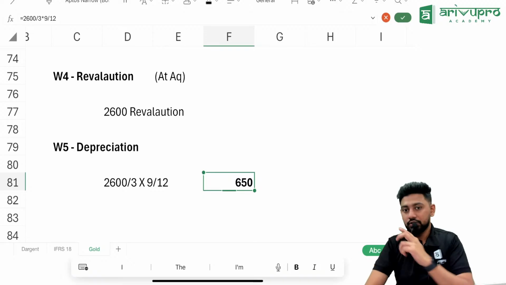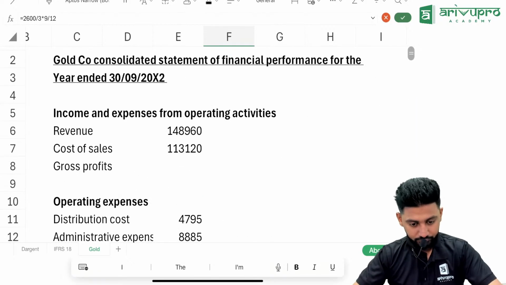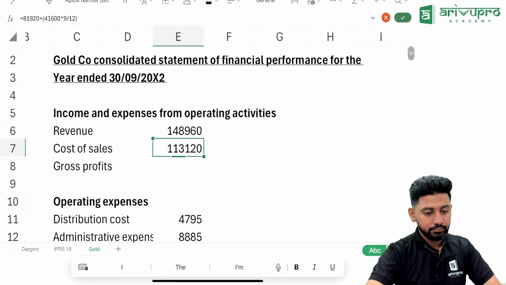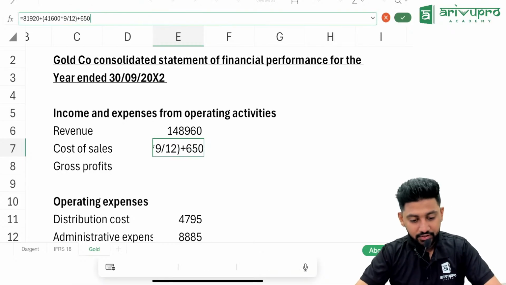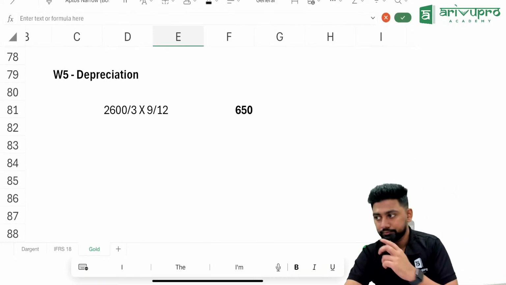They want us to charge it to cost of sales. So I go to the top, cost of sales plus 650. Done. Are we clear? Okay.